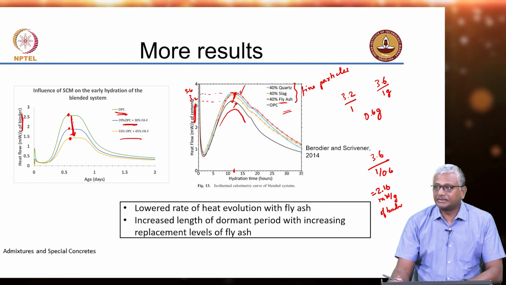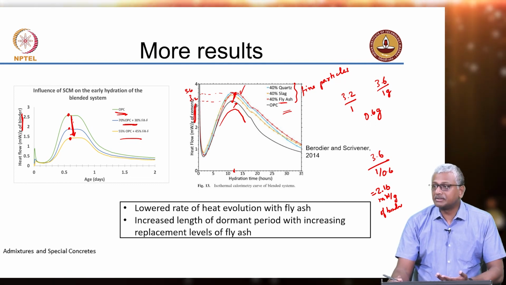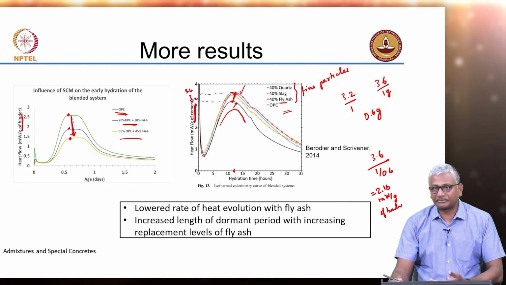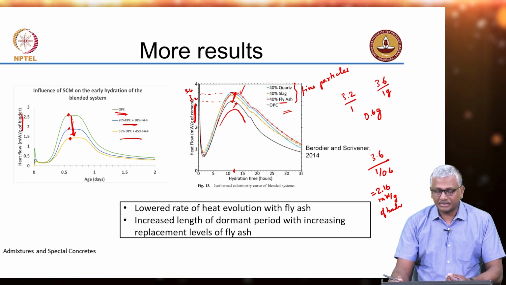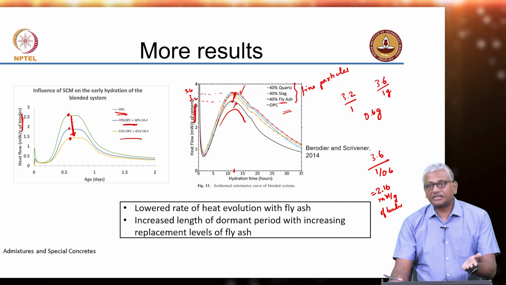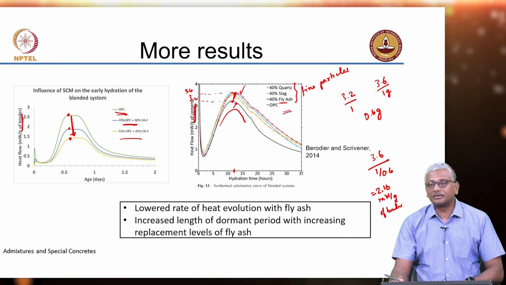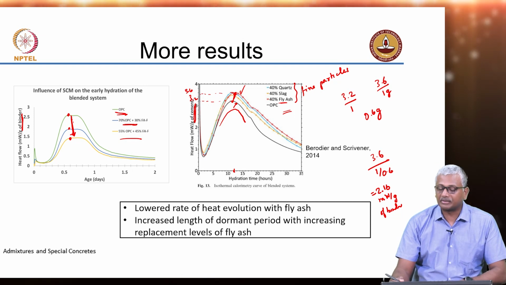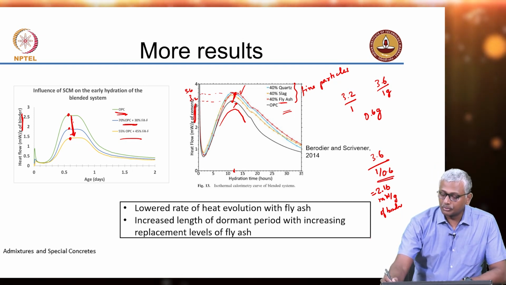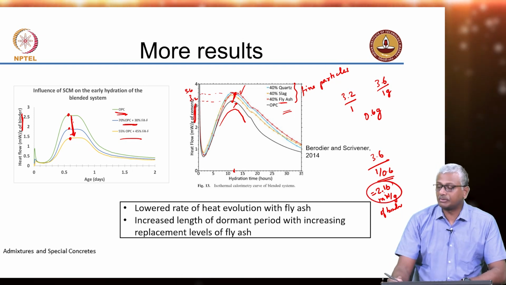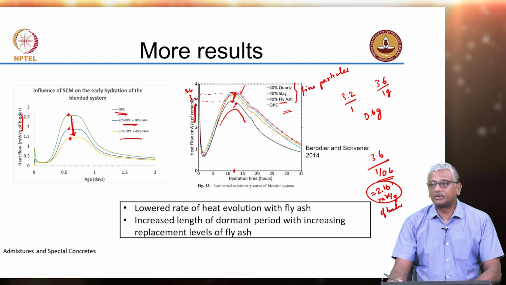So, as I had mentioned earlier, cement is only 60% of the entire system. So, the heat rate that is being attributed to the cement needs to be normalized to the actual binder that is present if you want to present in terms of the binder heat rate. So, if you do the normalization, you actually get the binder heat rate of only 2.16 milliwatt per gram.